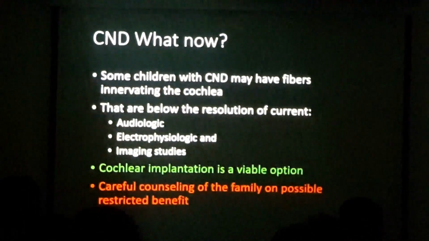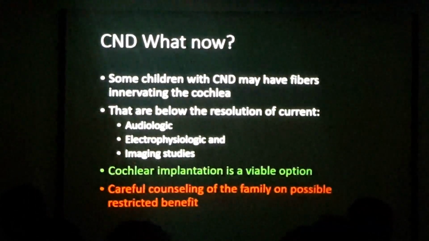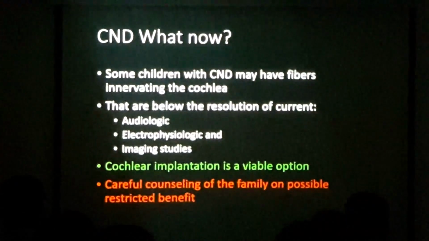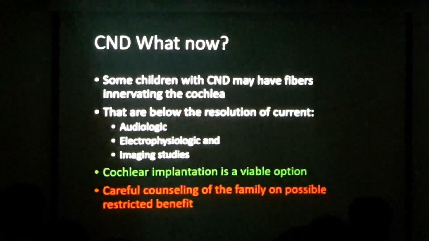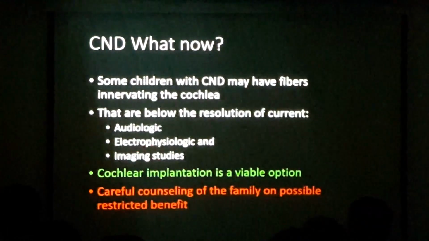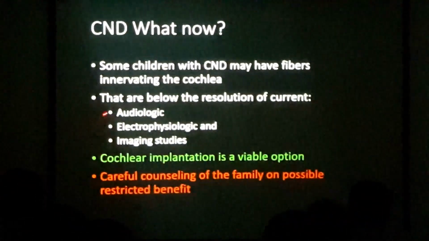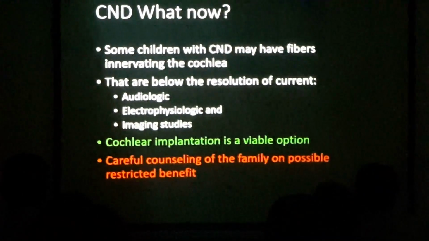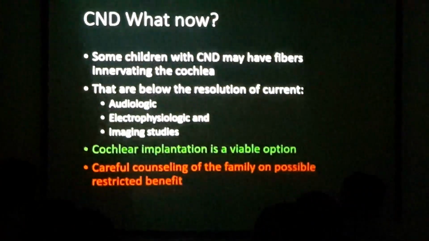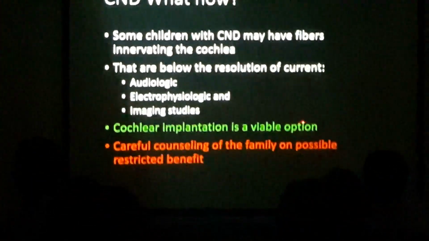And now, if you have found that there is a deficiency, what to do? See, in some children you find that there are some fibers you have identified, and whatever is possible, cochlear implantation is still a viable option.